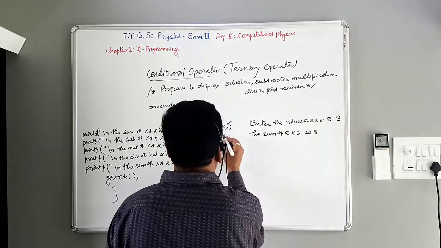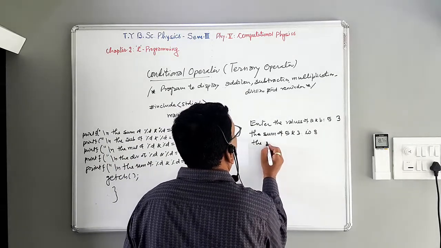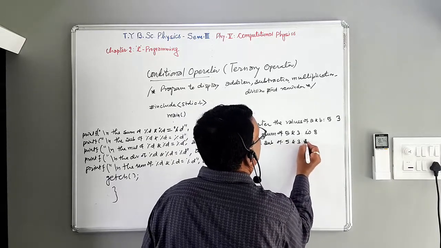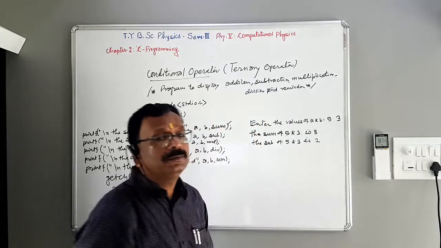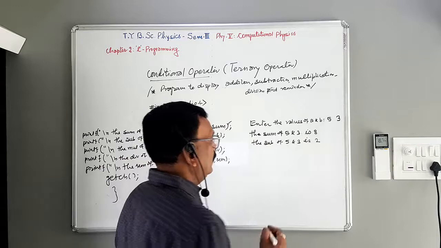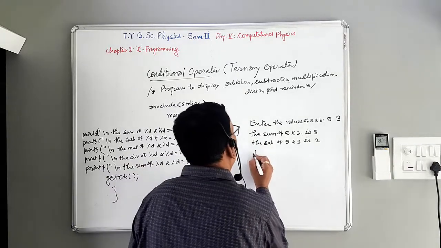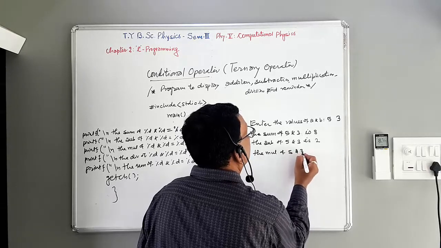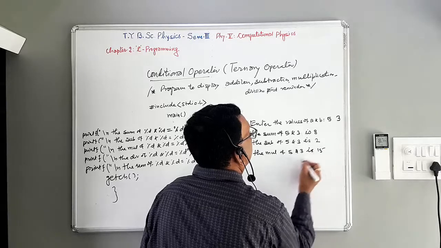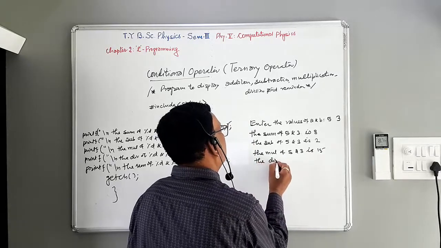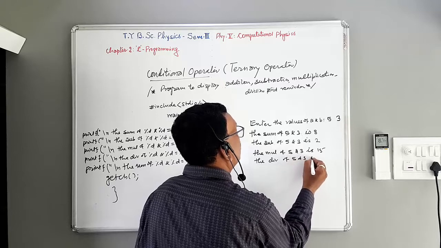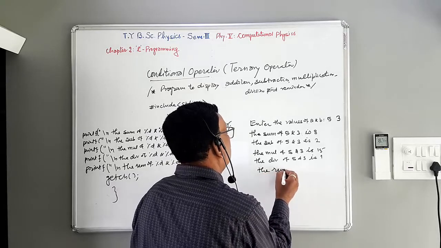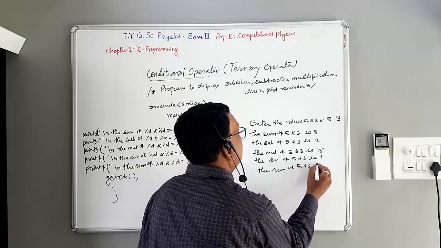And by using the second statement, the subtraction of 5 and 3 is 2. Okay. Third, the multiplication of 5 and 3 is 15. The division of 5 and 3 is 1. The remainder of 5 and 3 is 2.